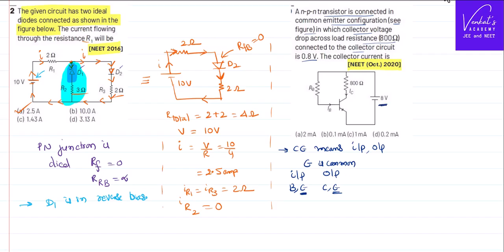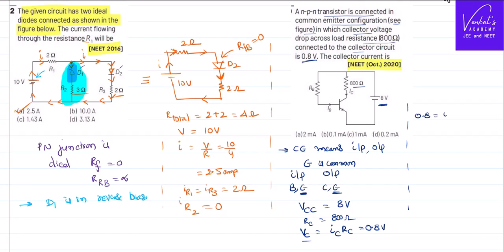See, what is given for you is the voltage across the collector, and the resistance across the collector is given for you as 800 ohms. Voltage drop across the collector, V equal to IR, where I is the current across the collector, and V across the collector is given as 0.8.